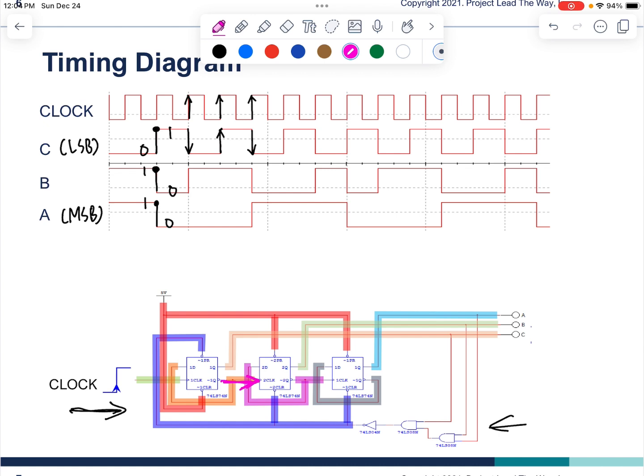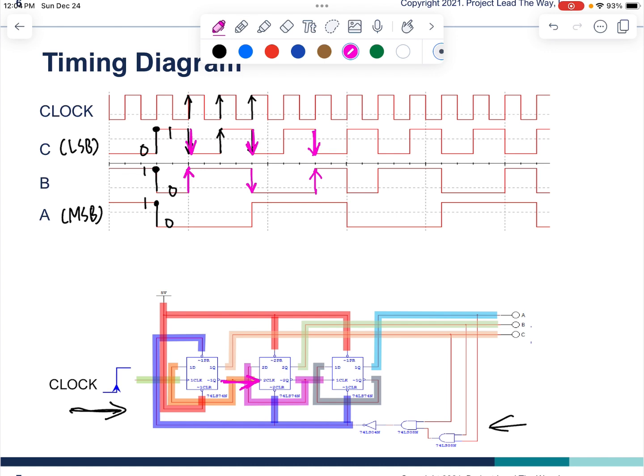That means every time you have a falling edge of C, because C and C0 are opposite, your B will change the state. Otherwise, B's output will not change. Every time C falling edge.